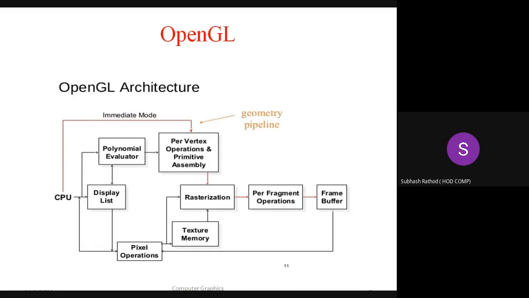The evaluator is also one of the components of this OpenGL architecture. It is a program which is responsible for evaluating the query or the problem in terms of polynomials or in terms of linear also. So the evaluator allows you the specification of a polynomial function of one or two variables, which may be used to determine a primitive's vertex coordinates.